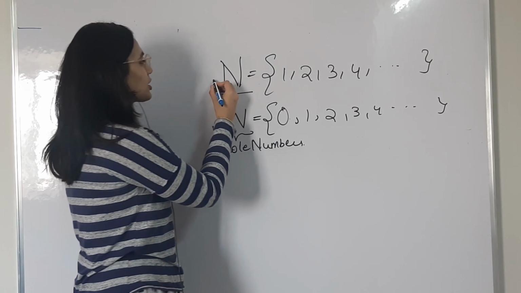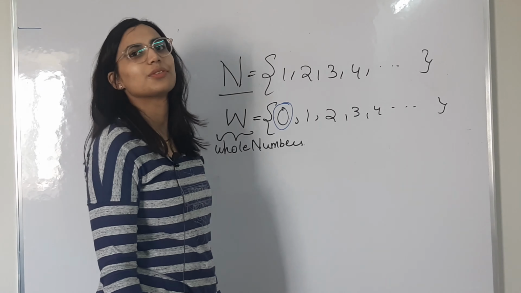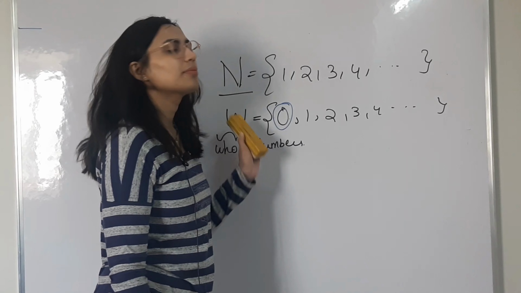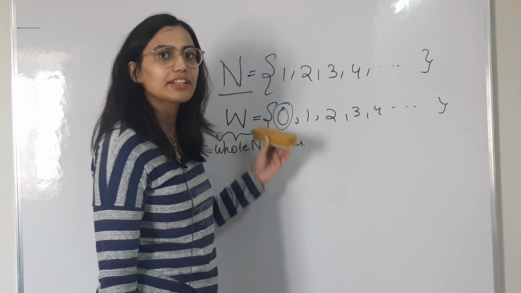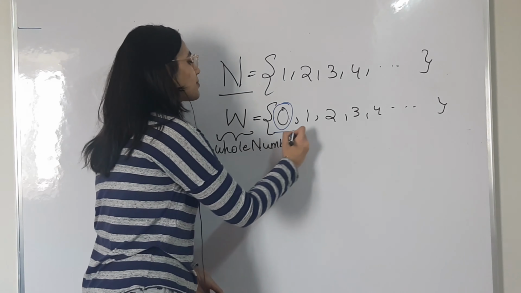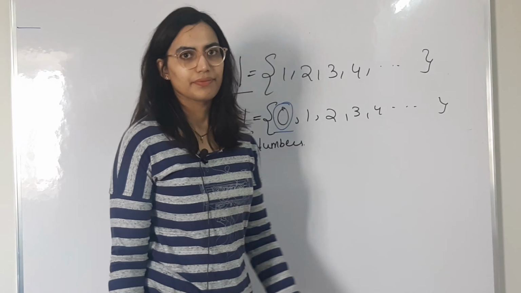Okay, so the difference between whole and natural, if you see, is this value 0. So whole numbers are nothing but a set of numbers that start from 0 and go on infinitely, right?